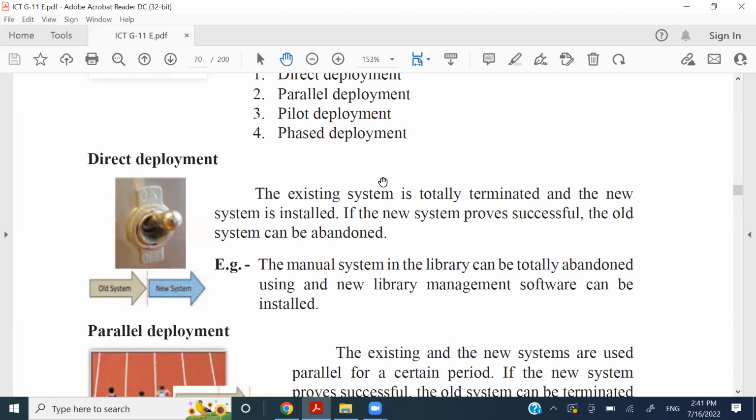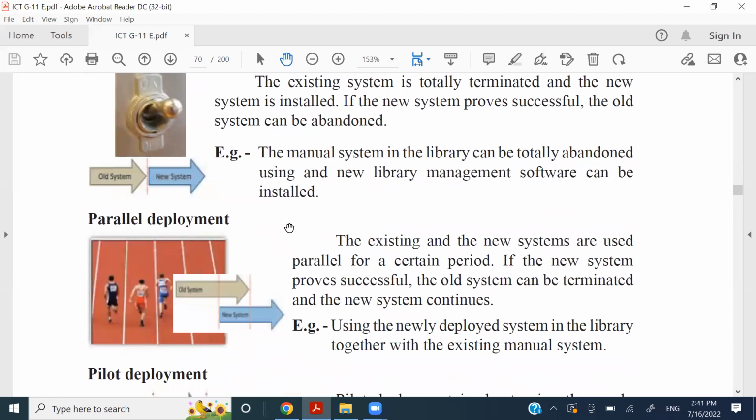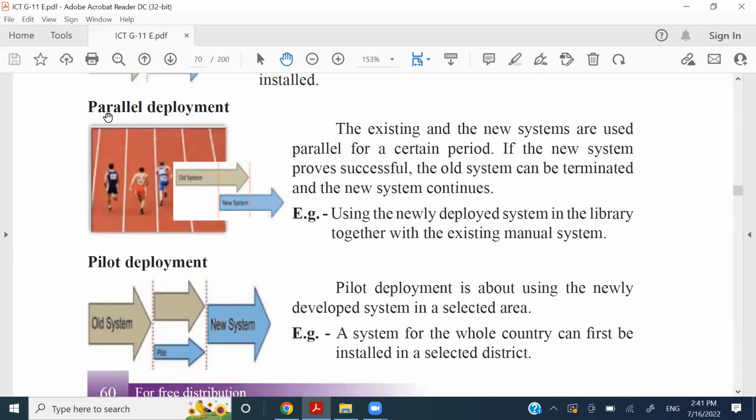And you can get rid of this disadvantage if you apply the second deployment method, which is called the parallel deployment. Parallel deployment means there is an old system and there is a new system, and both will be carried out for a certain period of time. According to our example, the fingerprint system as well as the sign-in book will be maintained for a certain period of time.